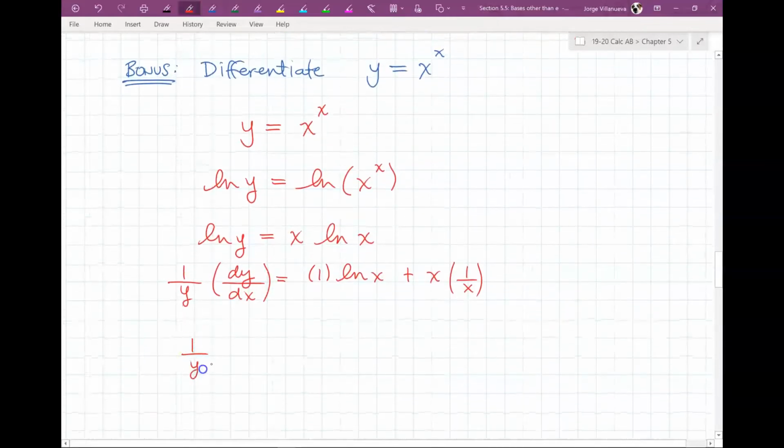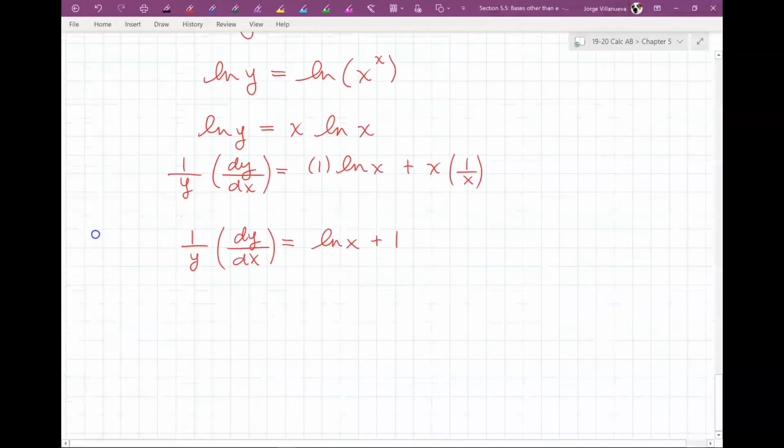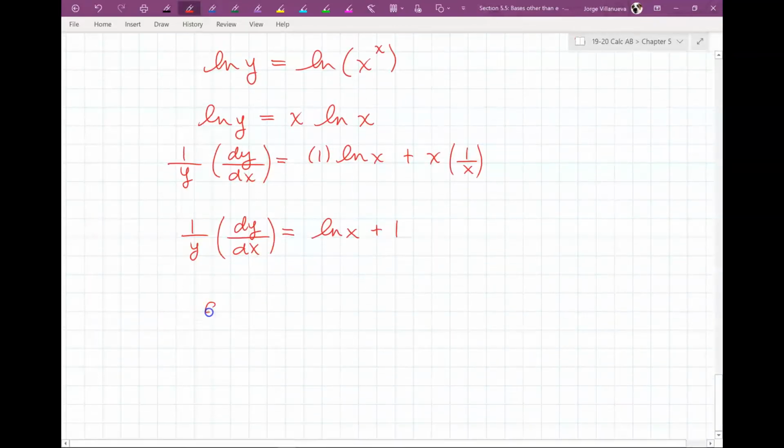Let me just write 1 over y dy dx equals ln of x plus 1. Okay, that's what it looks like right now. Well, since they want me to do a derivative of this, that means they only want dy dx by itself. So I'm going to get that y and throw it over to the right side. So dy dx is equal to y times ln of x plus 1.